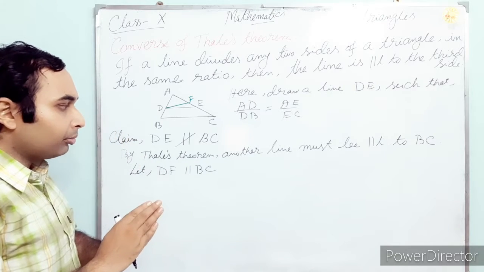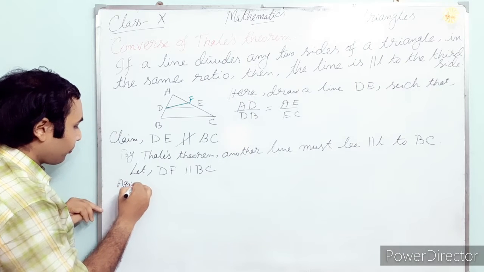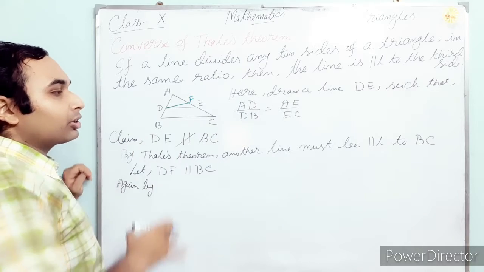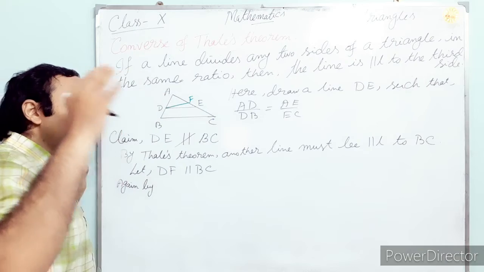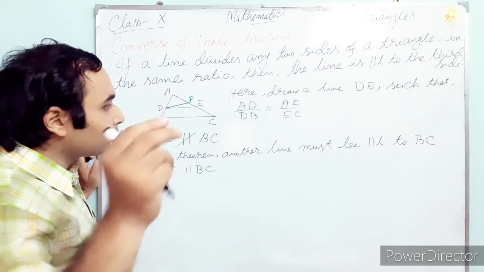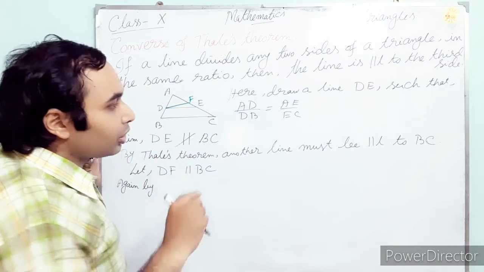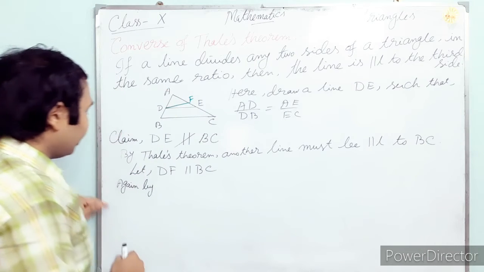If we apply Thales theorem again, we are just proving the converse of Thales theorem by Thales theorem only. Thales theorem is a unique theorem. It can be used in each and every triangle where this type of condition happens.